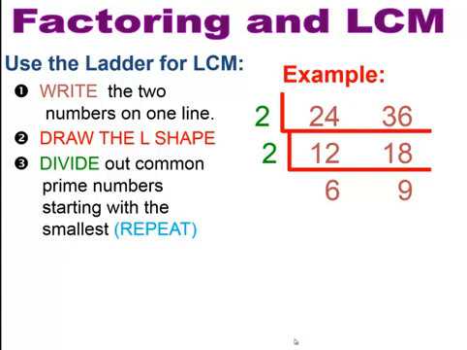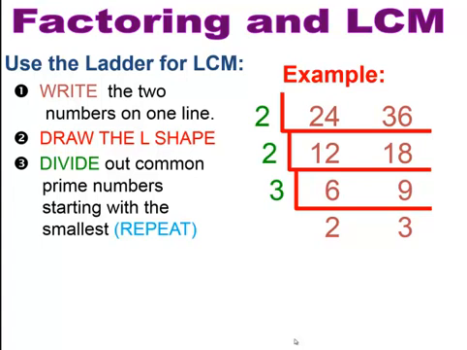I repeat the process. 6 and 9 have a common factor of 3, so I draw the box, put 3 on the outside, and divide it into the 6 to get 2, and into the 9 to get 3. Now 2 and 3 have no more common factors.